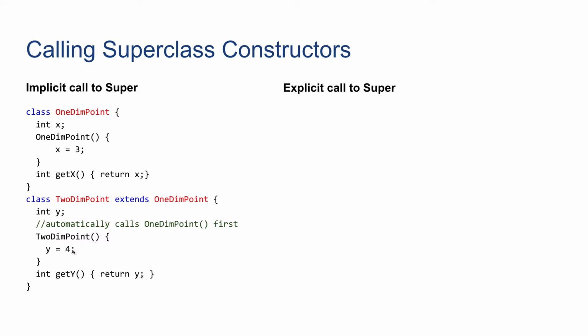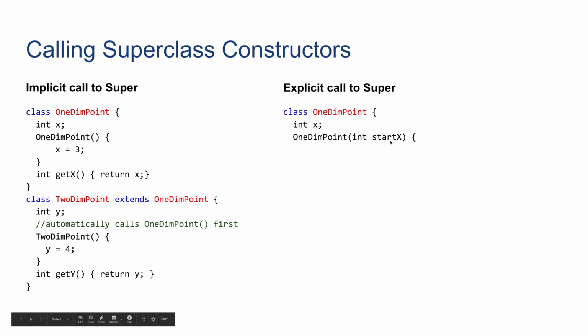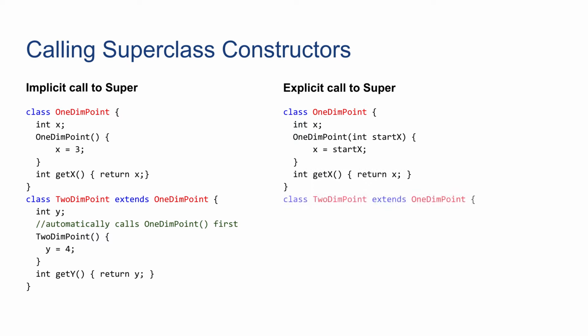Okay, so next we can see how we can make an explicit call to super. So again, OneDimPoint, but this time we have a constructor which takes one argument, startX, that will set x to startX. Then we have TwoDimPoint that extends OneDimPoint, which has an integer y, and does have a TwoDimPoint constructor which takes startX and startY.